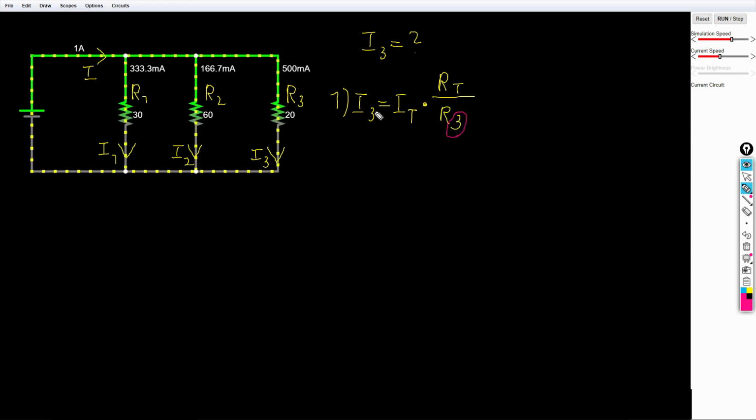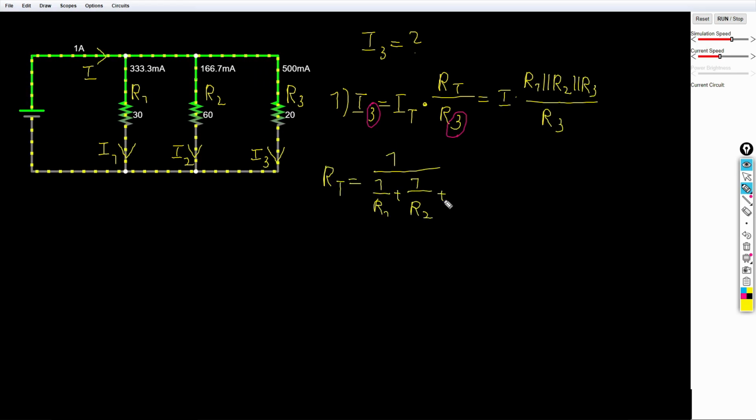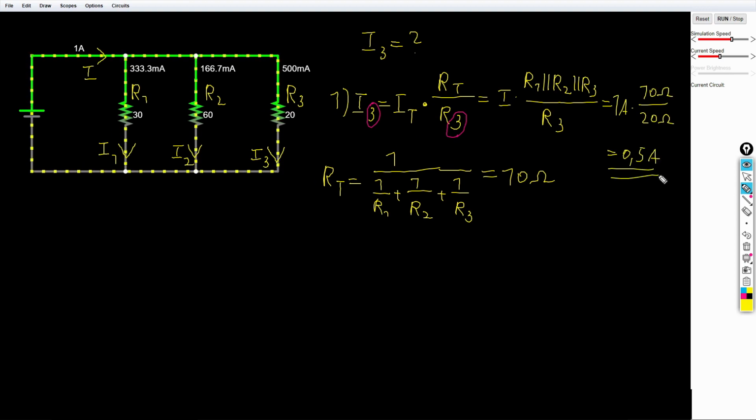Additionally, we have in the denominator the same indices. The total resistance is given by R1 parallel to R2 parallel to R3. If we would have more than 3 resistors, we would just have a different total resistance. However, the same formula could be applied.